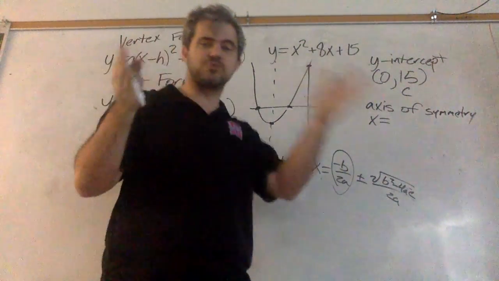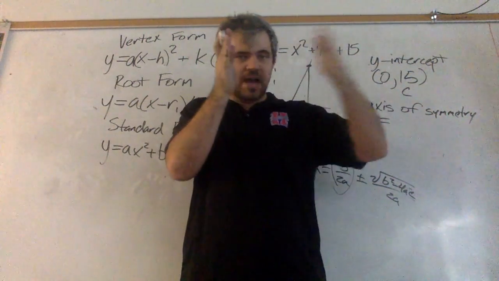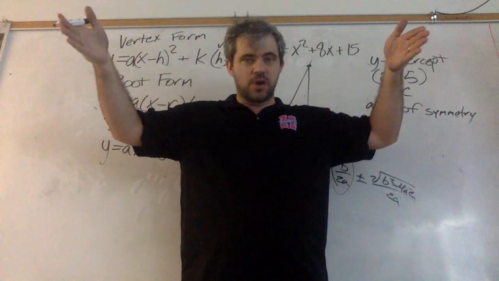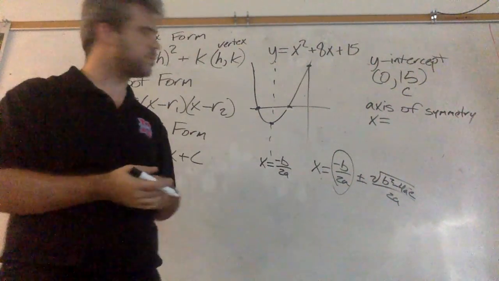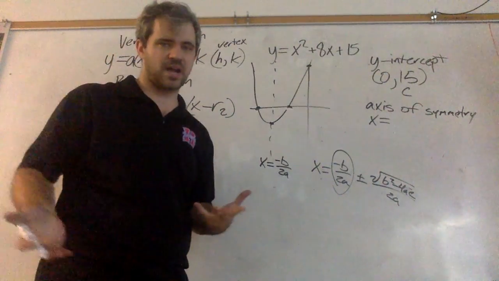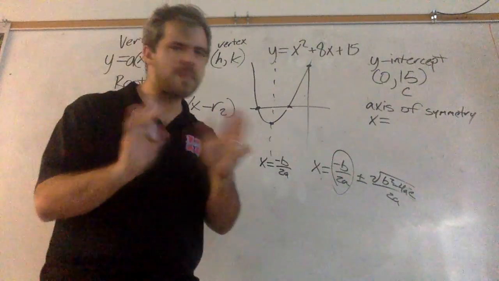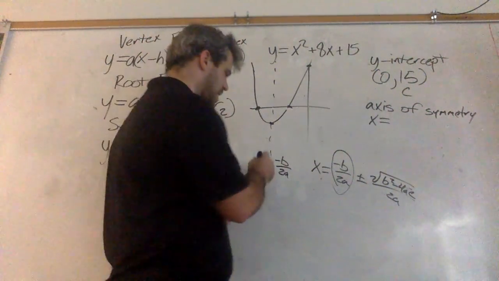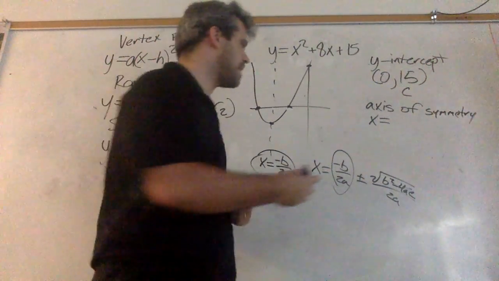And we're adding and subtracting that same amount. So here's the middle. I'm adding, I'm subtracting. So the middle of those two roots is where my axis of symmetry is. So that's where that comes from. Whenever you're trying to think of the axis of symmetry, it's a little mini quadratic formula, okay? Negative b over 2a.